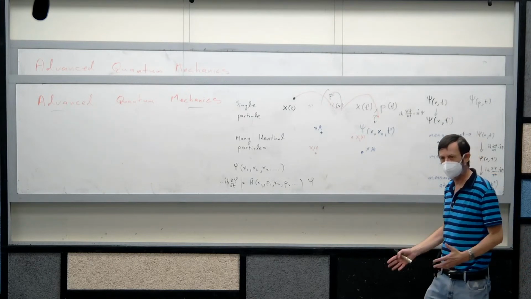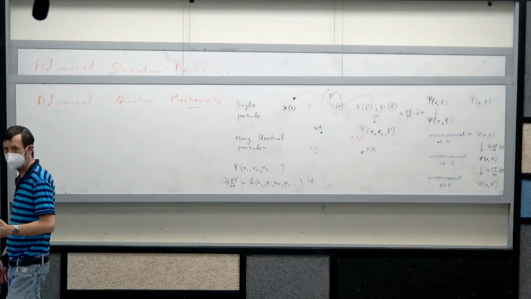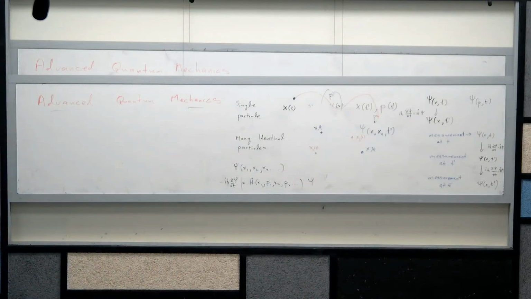But when I go back to the same story with two electrons, I'm in a problem. I can't tell you which one of these two particles I measured at each point.